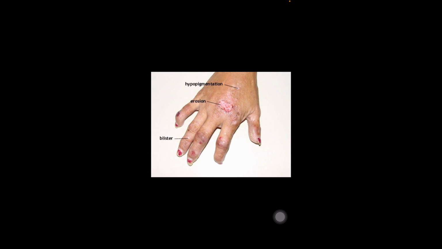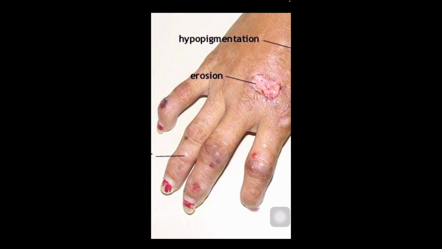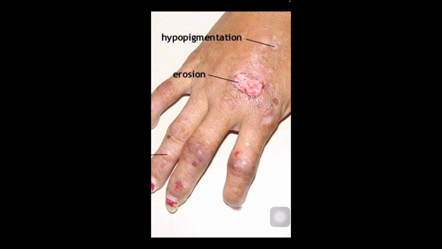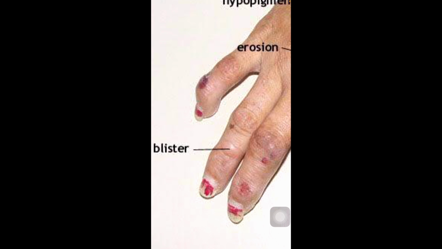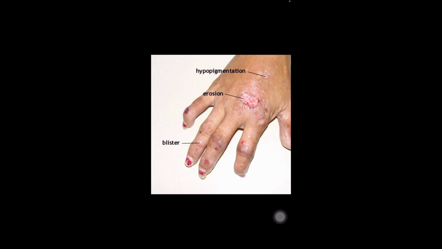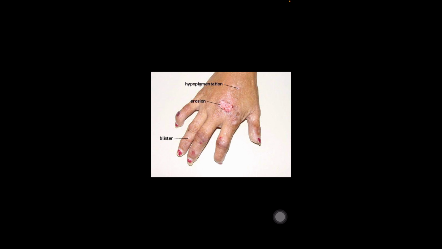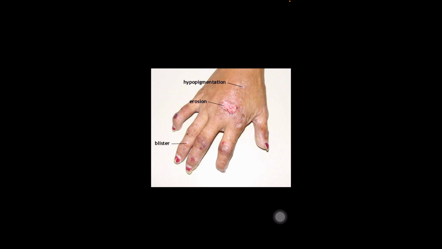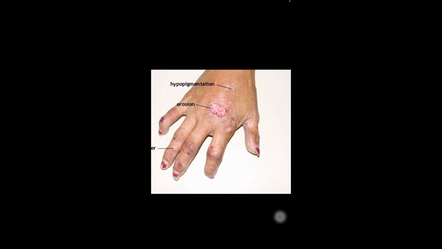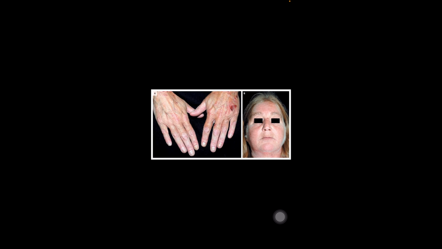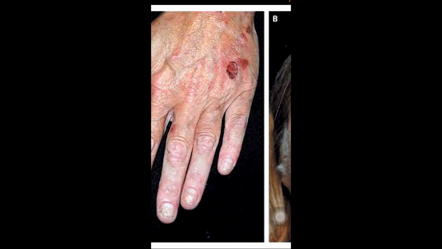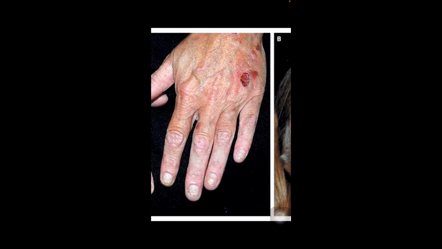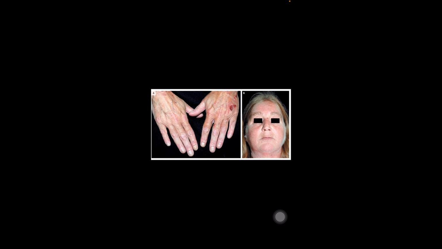You can see the patient here, the erosions that they mentioned in the question, and also the blisters on the hands and the forearms. Also hypopigmentation. With this patient you can see erosions on the hands, and hypopigmentation.